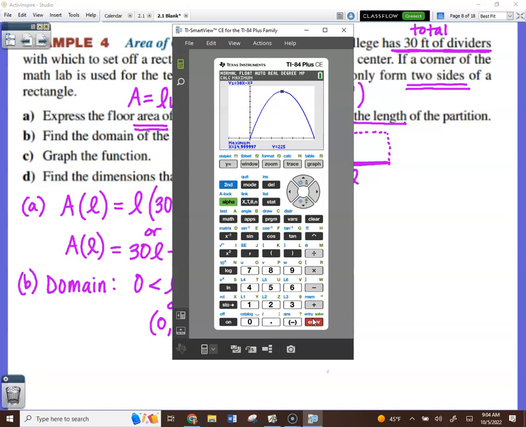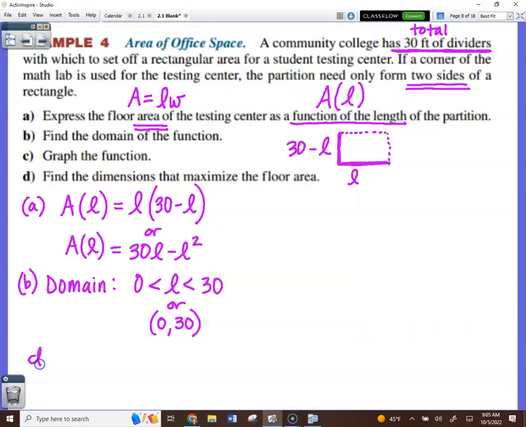So the max is what? The max, what was the Y value? 225 at what X value? It was 14.9999999, which is 15. Now let's interpret it. This should make complete sense because these numbers we're familiar with.